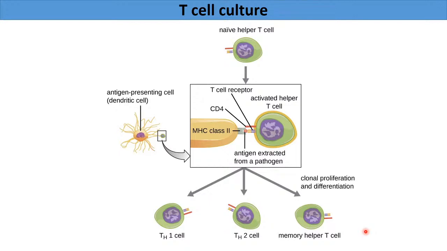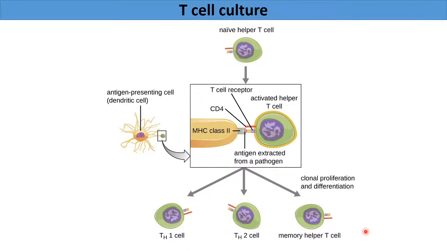I am giving you TCR CD3 CD28 signal by artificial method, and I am giving you IL-2 signal by adding some IL-2 in the culture media. But now you are growing, you are happy, you are increasing your number, but now I want to convert you into different type of what? T cells. How can I do that?